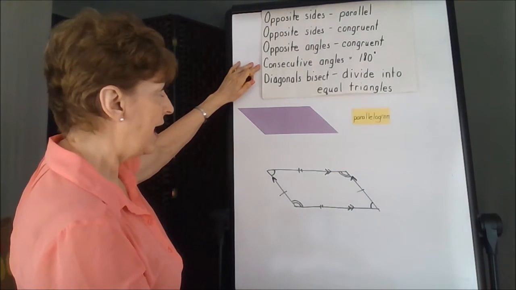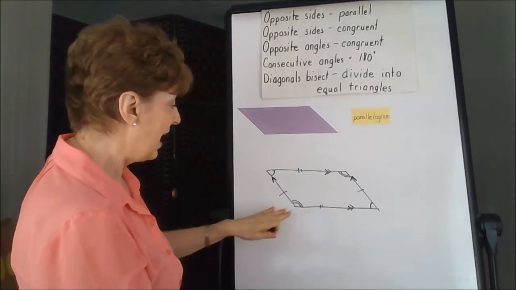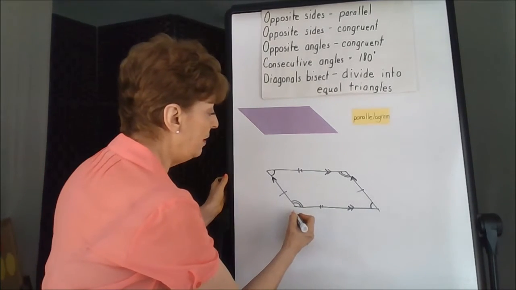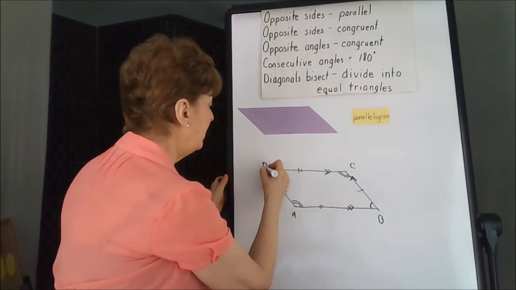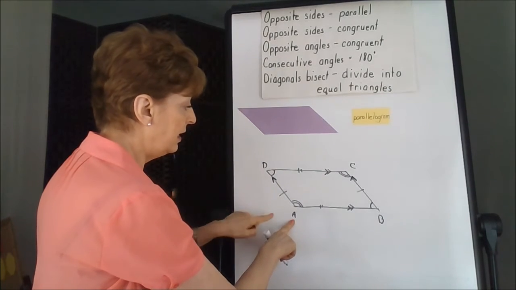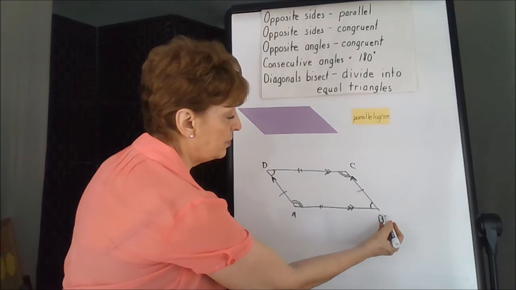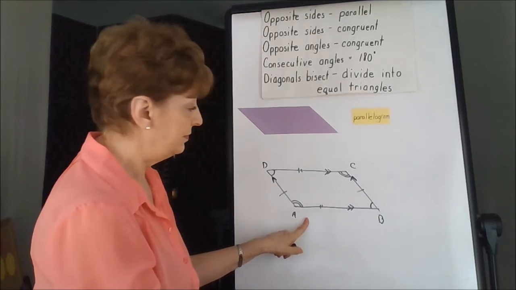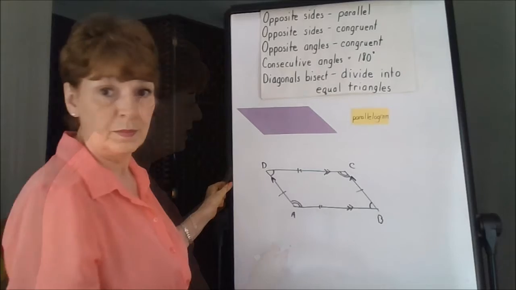The consecutive angles measure 180 degrees. Well, consecutive means in a row. So if we were to label these A, B, C, and D, our consecutive angles to A would be either B or D. If we were consecutive angles with B, it would be C or A. The consecutive angles then measure 180.